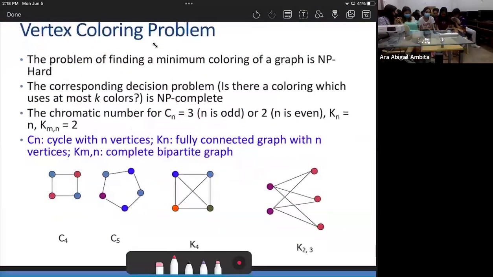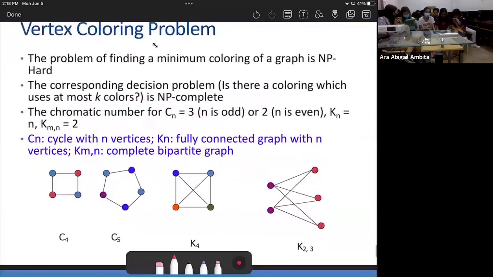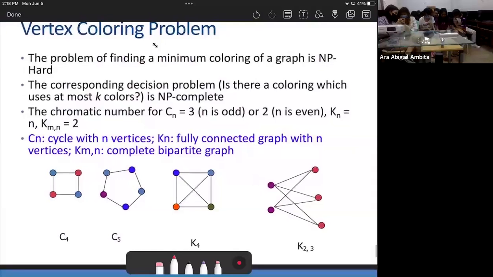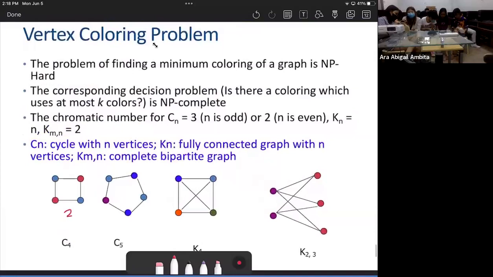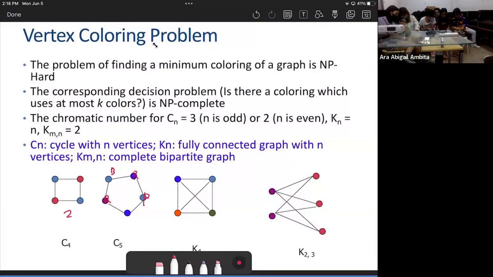Then let's say this one, C4. So two colors. Then here, let's say blue, and then red. Then this one I will make blue. Right? Blue. Then this will not be red or blue, so let's say violet.